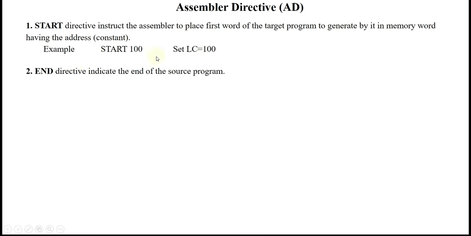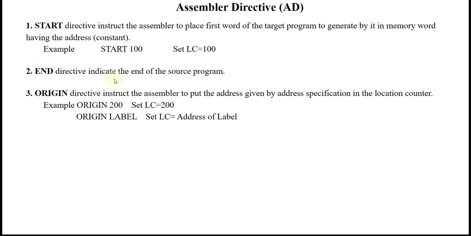END. The END directive indicates the end of the source program. After the END statement, we are giving the addresses to literals. Next, ORIGIN. The ORIGIN directive instructs the assembler to put the address given by the address specification in the location counter. For example, origin 200 means we are assigning LC equal to 200.